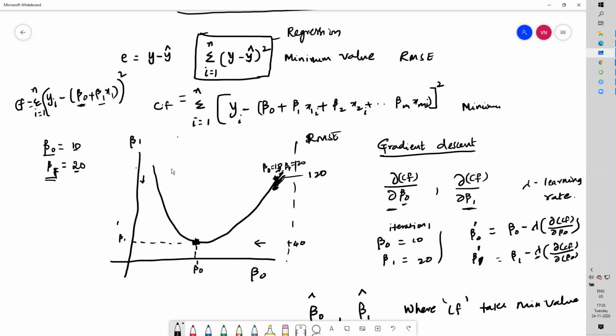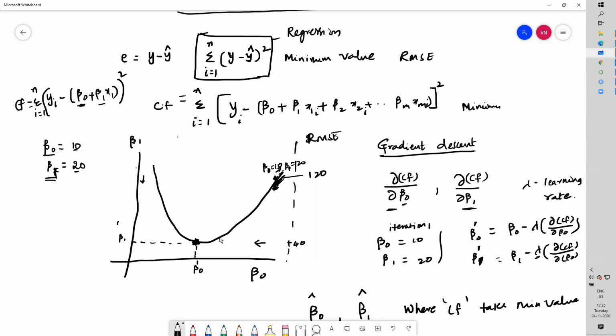Since this is a quadratic equation, it might take this shape. I represented this shape with this curve. When we randomly initialize the values of beta naught and beta 1, we find where that falls on this curve, but we want to reach this minimum point.